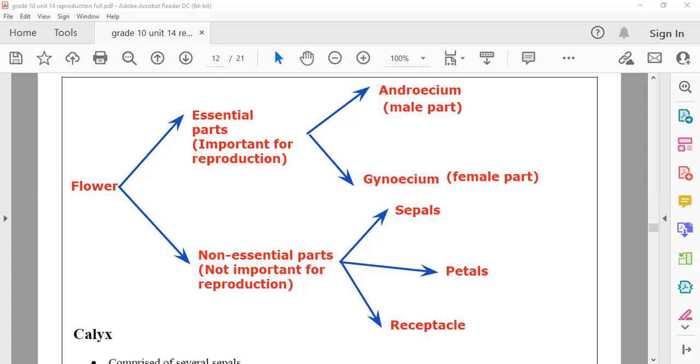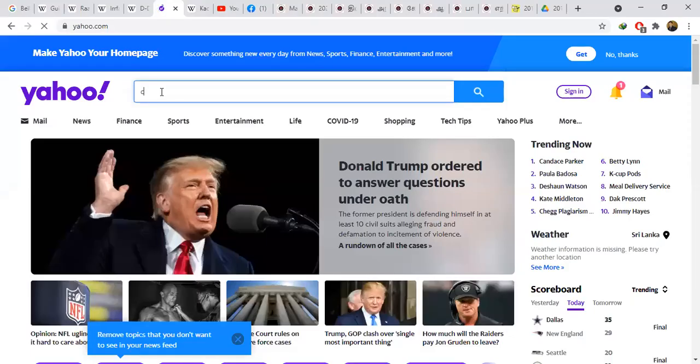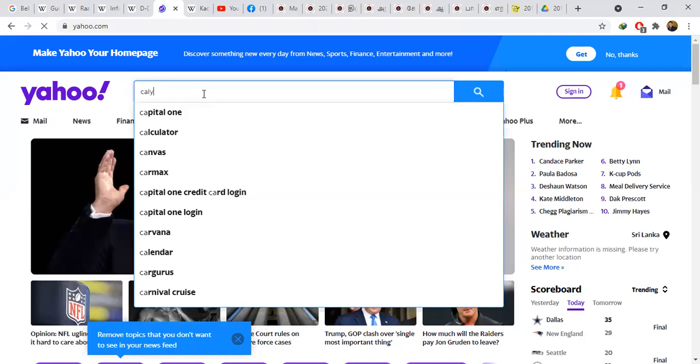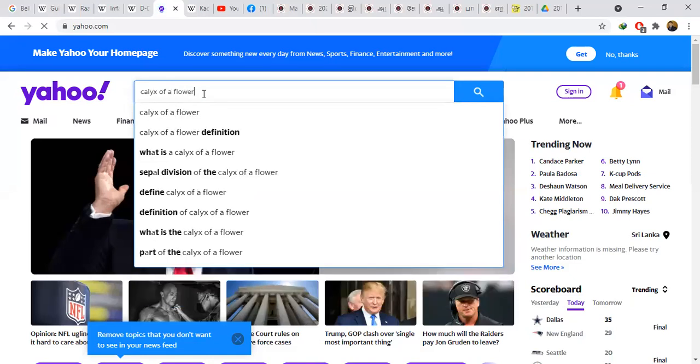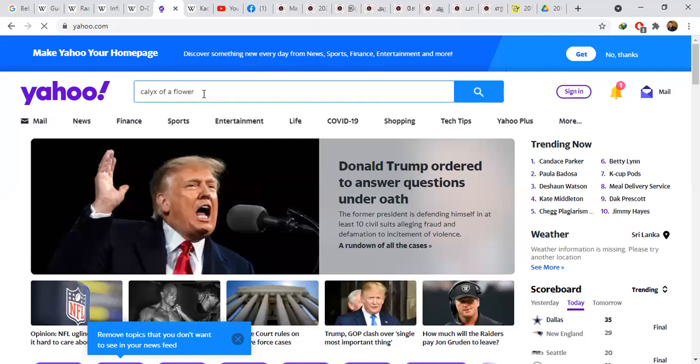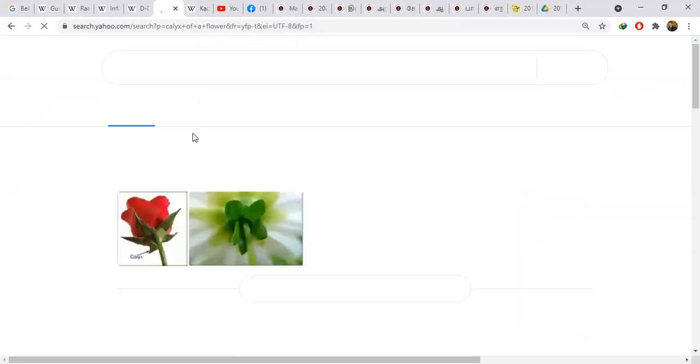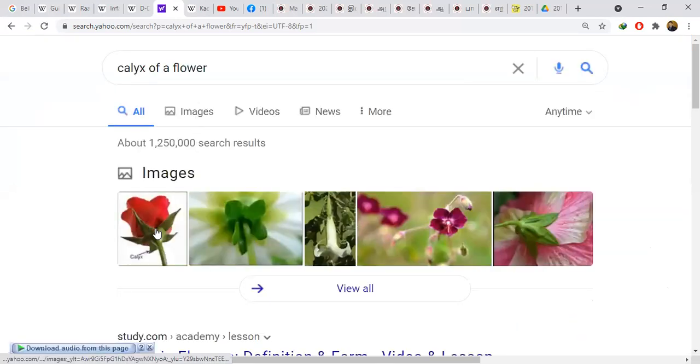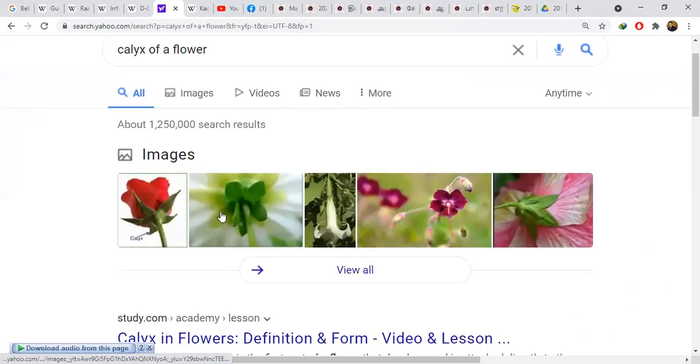If you go for the word calyx, calyx includes all the sepals.